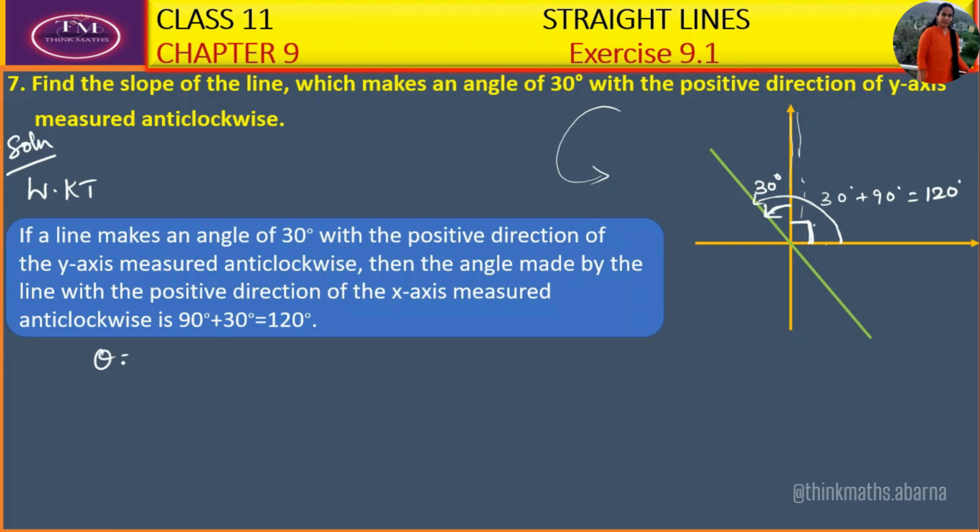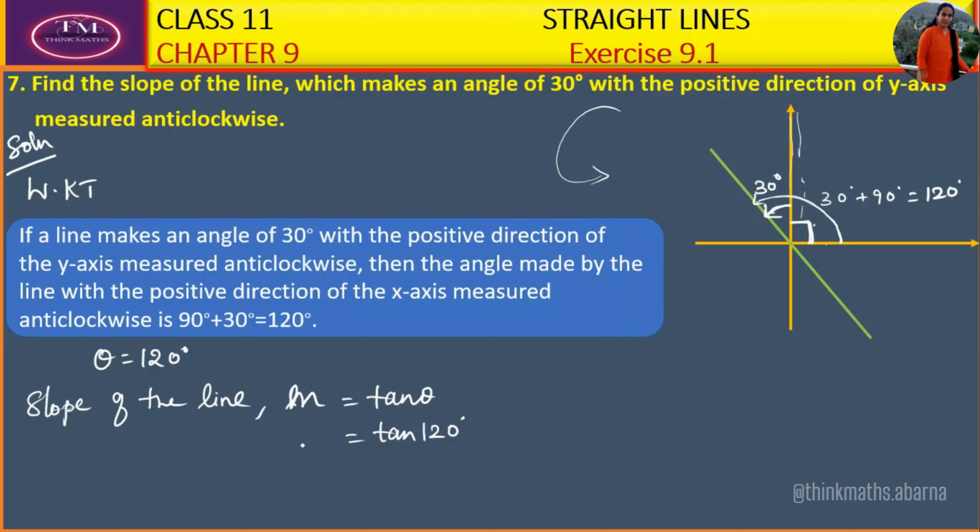So theta is equal to 120 degree. What is slope? Slope of the line m is equal to tan theta. So theta is 120 degree.